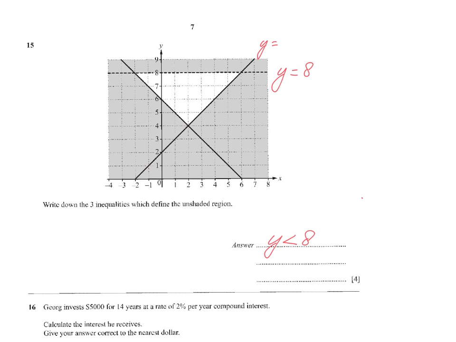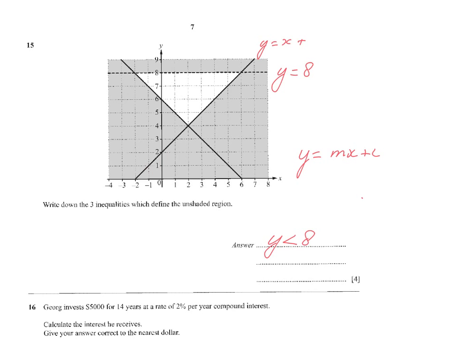So y equals, now mx plus c in general, let me write it down here for you. Y equals mx plus c, where m is the gradient and c the y-intercept. So what is the gradient of this line? Well, if I go 1 unit to the right, I go 1 unit up. 1 unit to the right, 1 up. So the gradient is 1, so 1x. And what is the y-intercept?